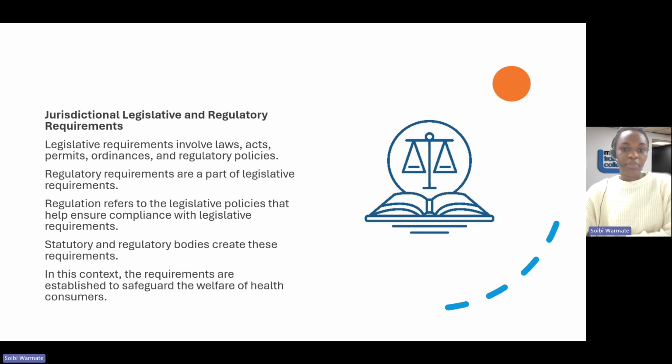Regulatory requirements are part of the legislative requirements, and this legislation refers to the legislative policies that help ensure compliance with legislative requirements. In this context, the requirements are established to safeguard the welfare of health consumers.